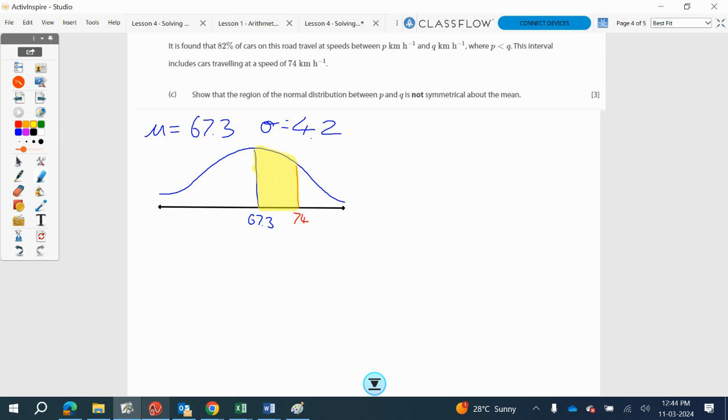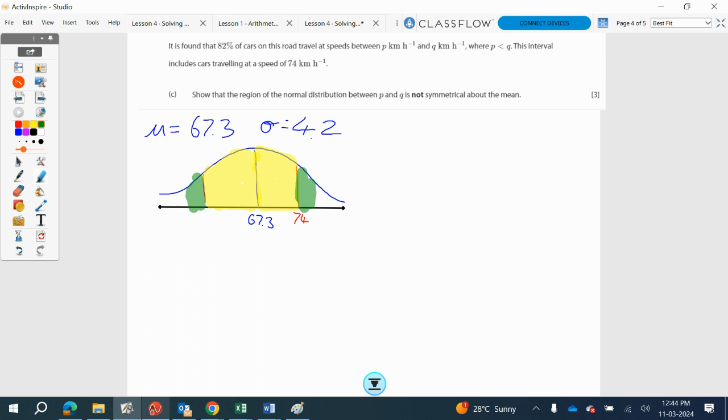So if the area includes this, the smallest area it could make would be this area here, like this. So for it to be symmetrical, you can add bits either side of here like that, as long as you add the same amount. But you have to cover the symmetrical space.